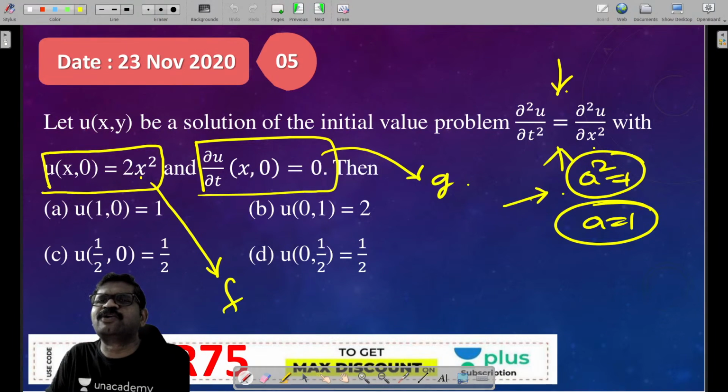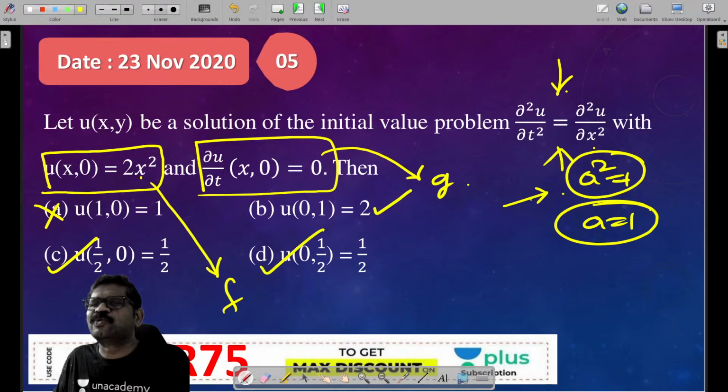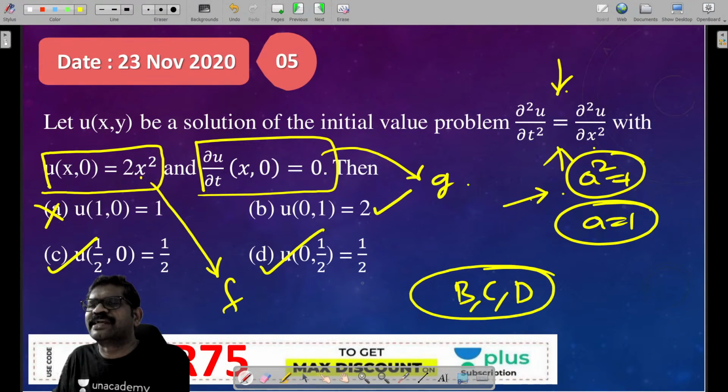First option is not 2, so this is false. Second option is 2, true. Third option is true, 1 by 2. Fourth option is true. So B, C, D are found correct in this problem. Three options are found correct.